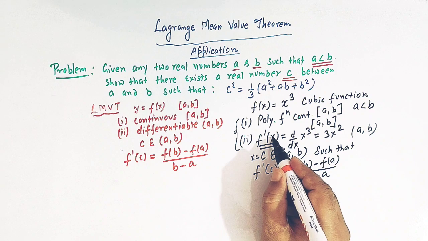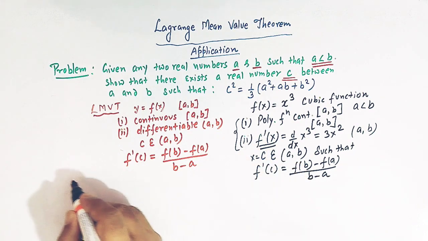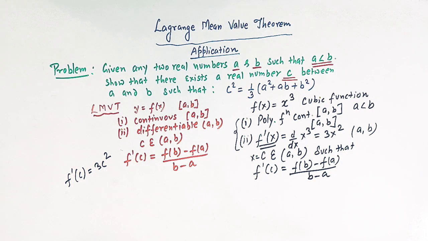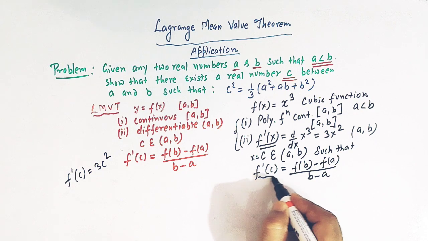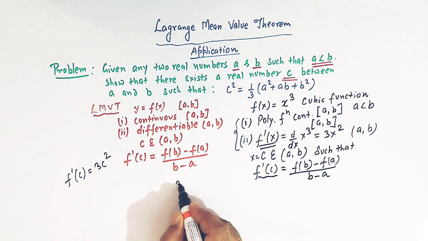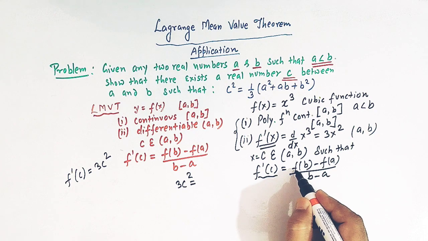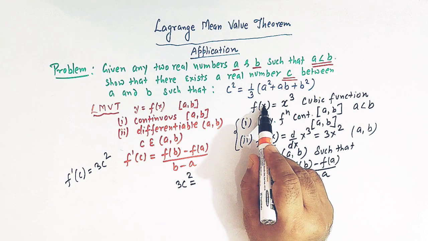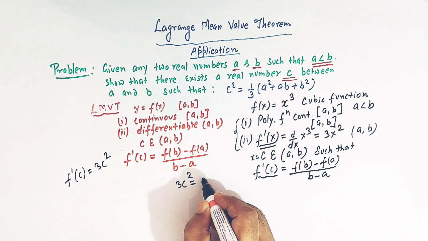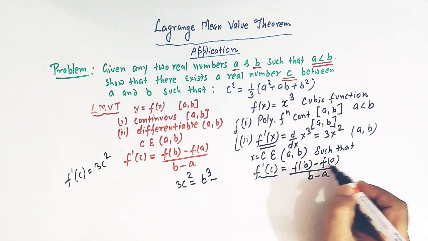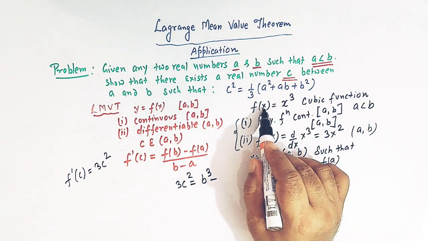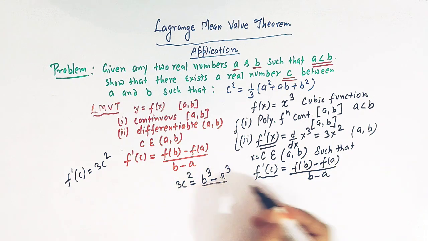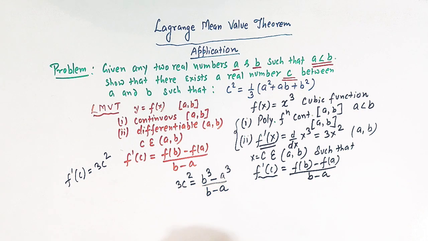So if we replace x by c, we get f prime of c is equal to 3c square. So we have 3c square is equal to f of b, obtained by replacing x by b, which is b cube, minus f of a, which is a cube, and in the denominator we have b minus a.